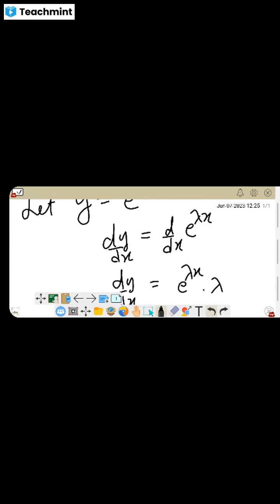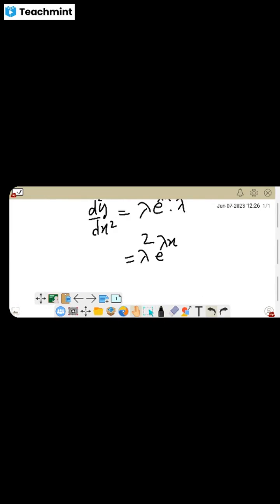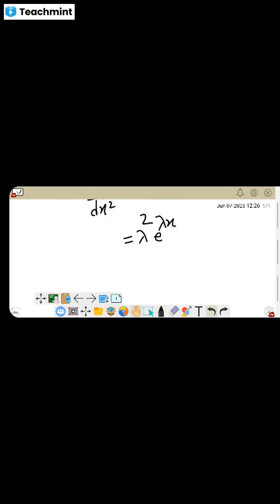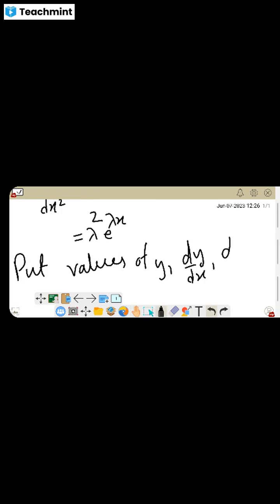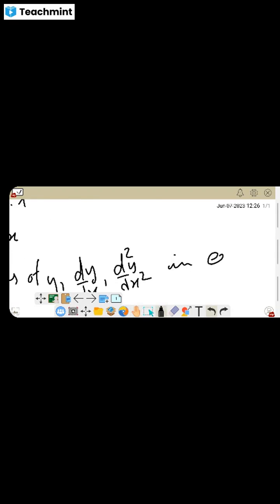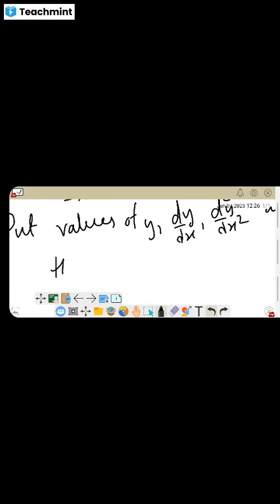We'll place these values in the given equation: input the values of y, dy over dx, and d square y over dx square in the equation, and find the value of lambda.